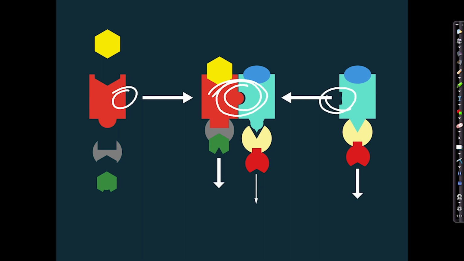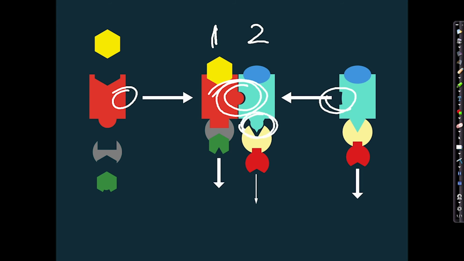Now, what effect does this have? Well, perhaps no effect in some circumstances. But in some circumstances, when, let's say, receptor 1 here binds to receptor 2, it actually causes another conformational change in receptor 2, as shown here.